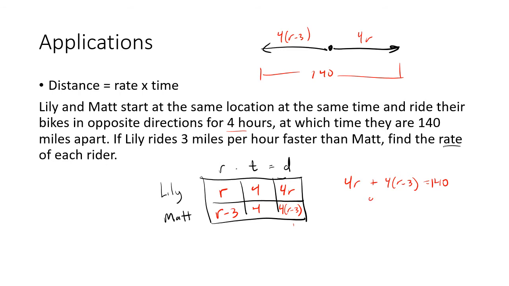So that's going to be 8R minus 12 is equal to 140. 8R is equal to 152. R is then going to be 19. Okay, so if R is 19, that was Lily's speed. That means Lily is 19 miles per hour, and Matt is at 16 miles per hour. We subtract 3 and get that.